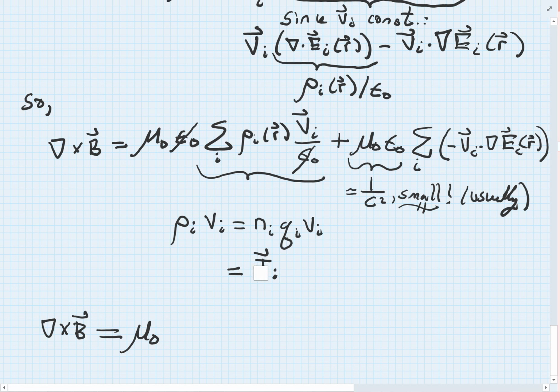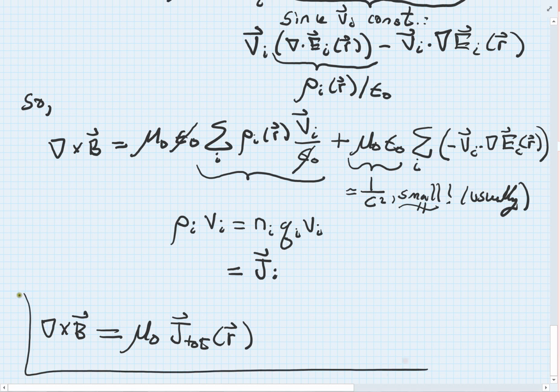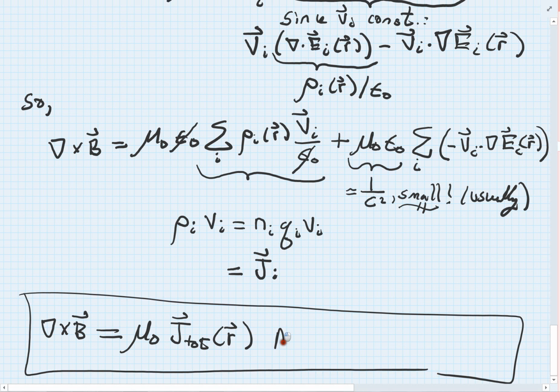So when I add those all up, I just get the total current density flowing at location R. And the remaining term is then something that's quite small, and usually we can ignore it. And when we ignore it and take just these two particular terms, this is what is known as Ampere's law. And that is a very powerful law that we can use to calculate magnetic fields. And we will look at this more in our following discussions.